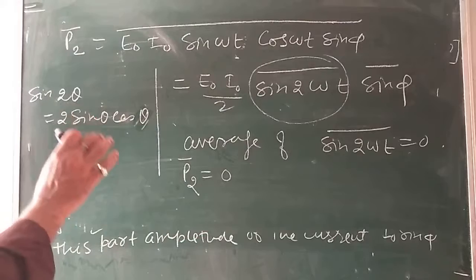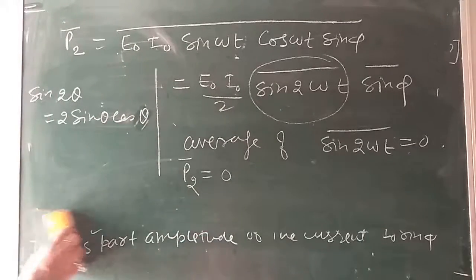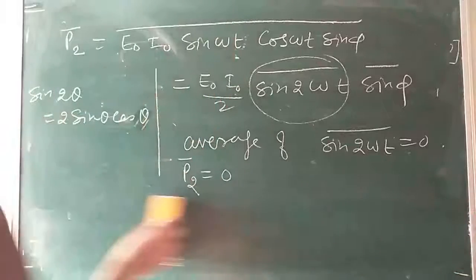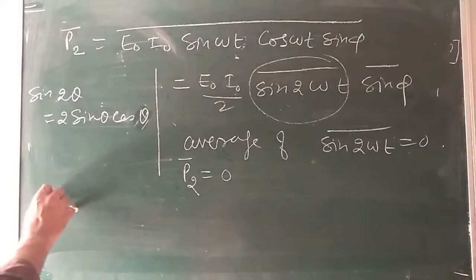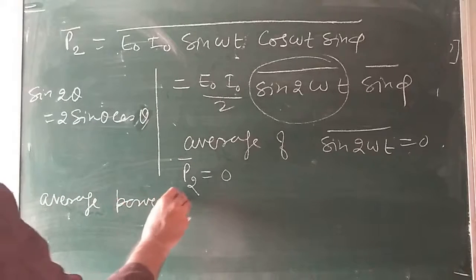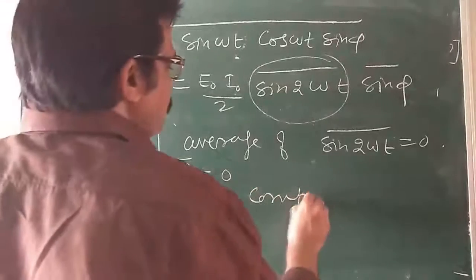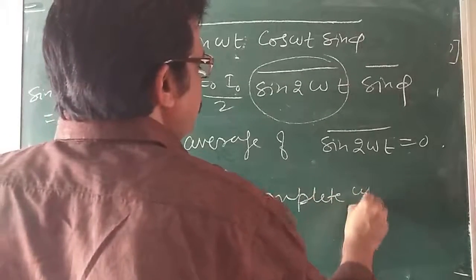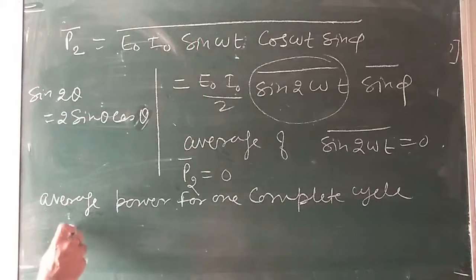So average power over the one complete cycle, here the average of one complete cycle is only due to the first part of the power.